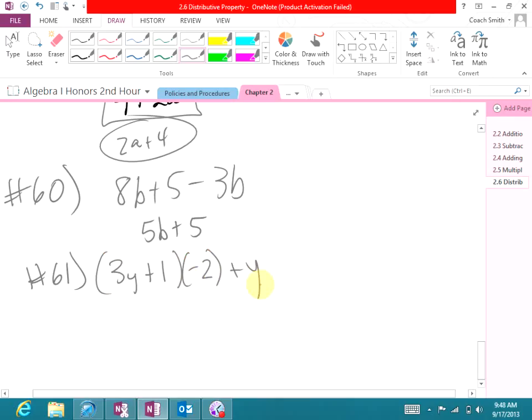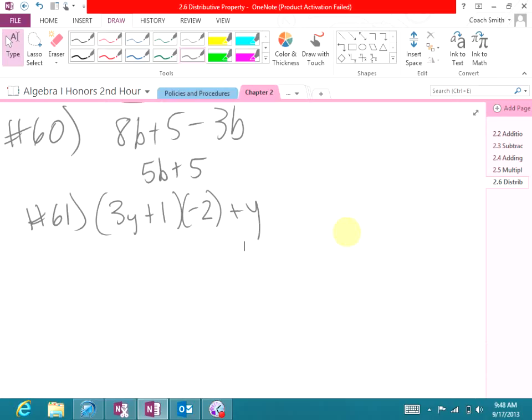All right, everybody look. Obviously, we're struggling a little bit on this one. This right here, 3y plus 1 times negative 2, that has to be done first. Order of operations says parentheses; 3y plus 1, I can't do anything inside that parentheses. Then it says exponents. There are no exponents in this problem. The next step is to multiply or divide.